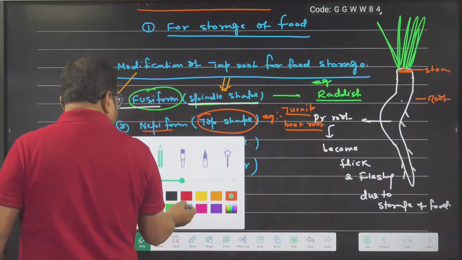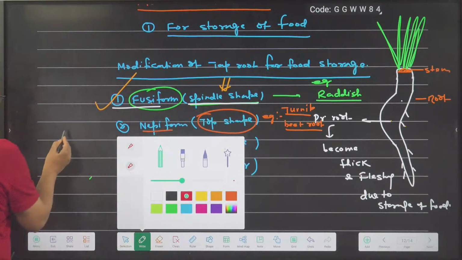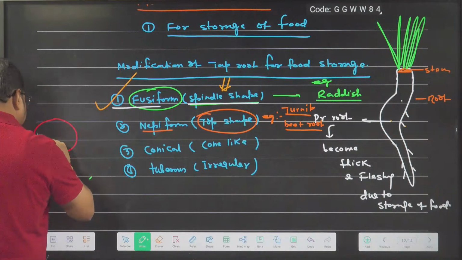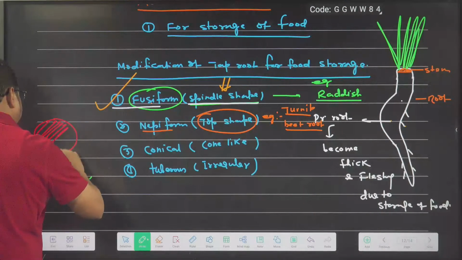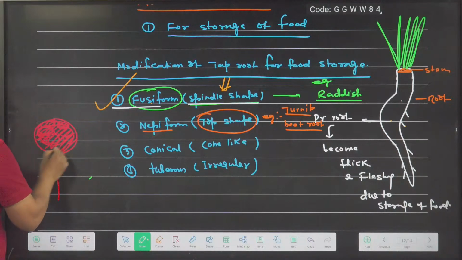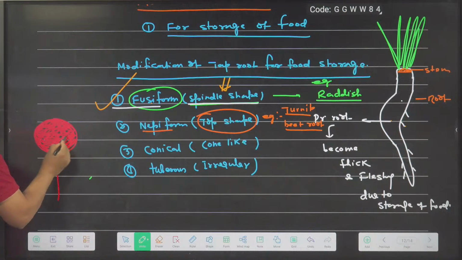I am telling how beetroot is appearing, how beetroot is looking. So beetroot looks like this, na? Here it is swollen structure. Here food is stored. It is looking like a top or not? Top you played in your childhood, na? So it is top shape.